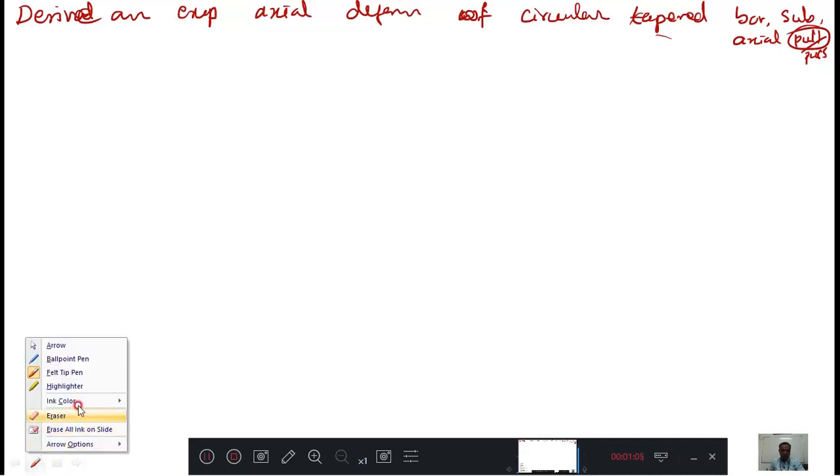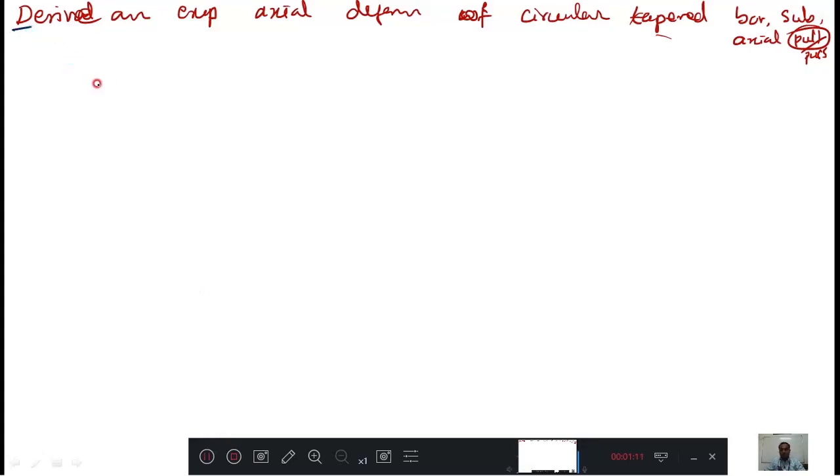First we need to write some information, what we are considering and assuming. That I will dictate. Whenever you want, pause the video and go on writing that content. Let us consider a circular tapered bar of diameter d1 and d2 as shown in the figure.